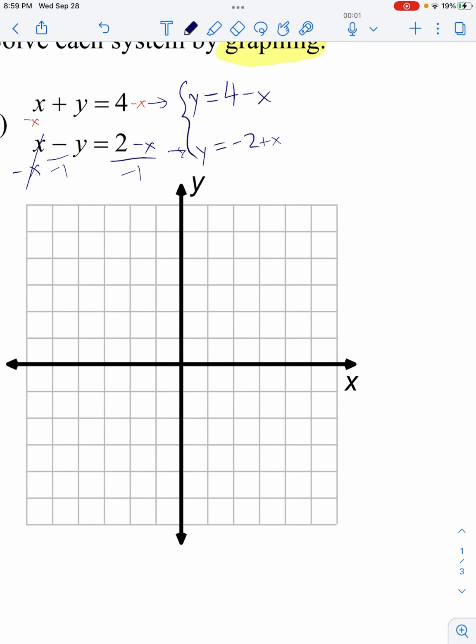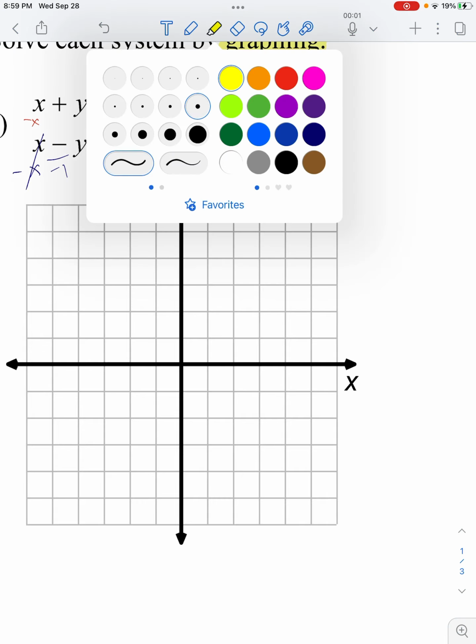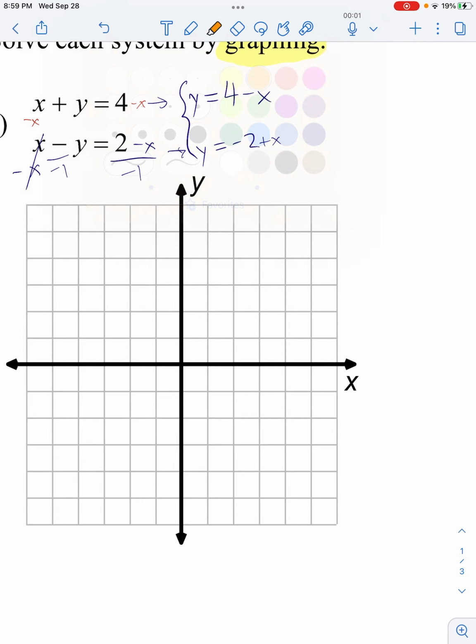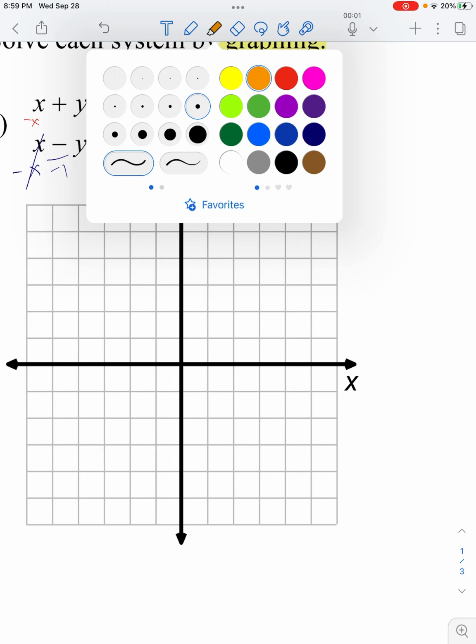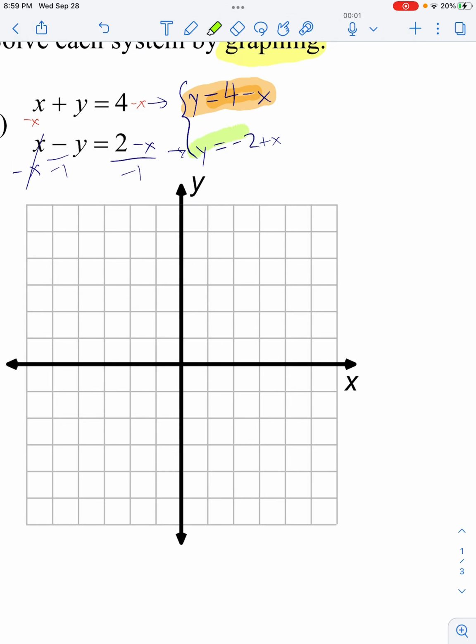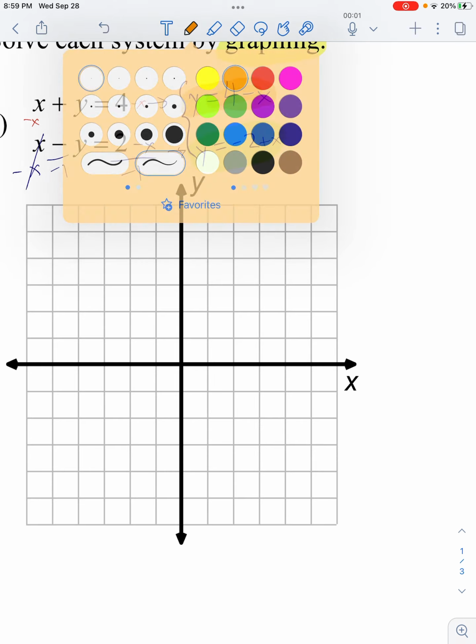Let's go ahead. I'll color code these for you guys. Let's make this one orange. And then let's make the second one green. So let's graph my orange equation first, okay? Let's do that in orange.